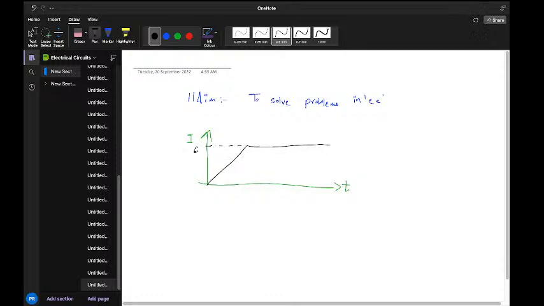At this point, the current is 6 amps. At this point, the time is 2 seconds, and we have somewhere around 4 seconds over here.